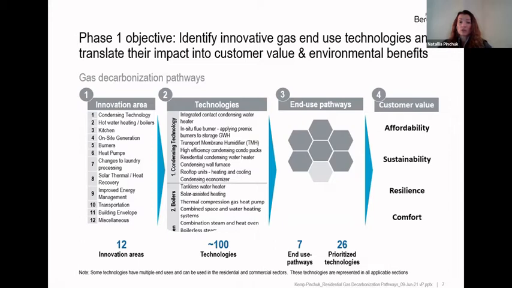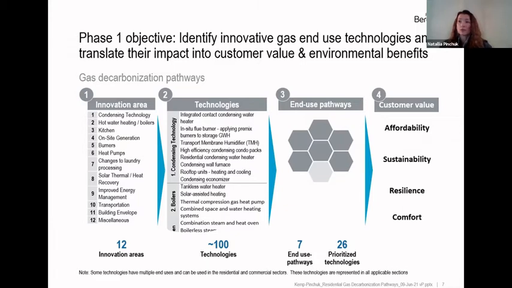And we tried to look not just at how sustainable each technology is, but what kind of value generally it delivers to the customer. So affordability, what's the cost, sustainability, or what's the overall energy efficiency potential or potential to save greenhouse gas emissions, resiliency and comfort were there as well.